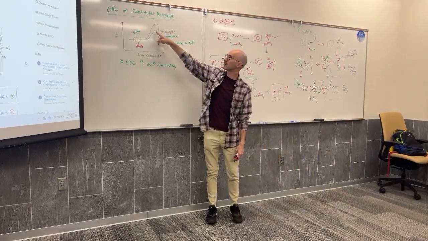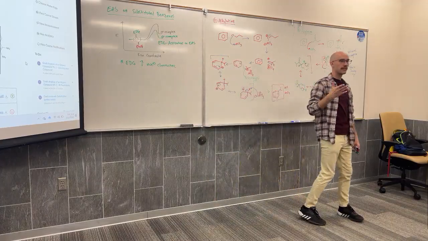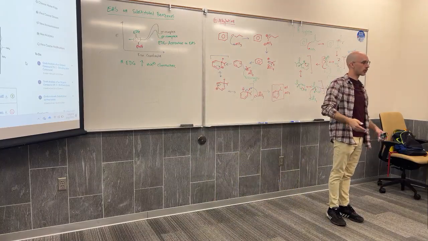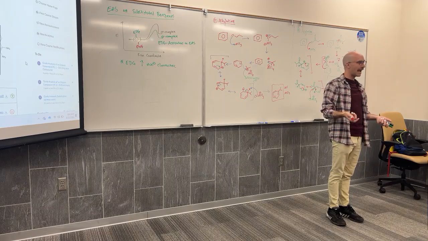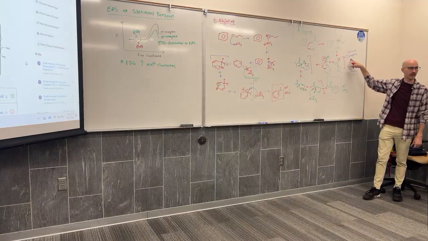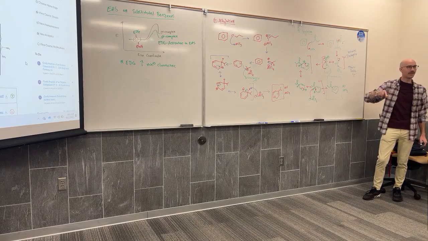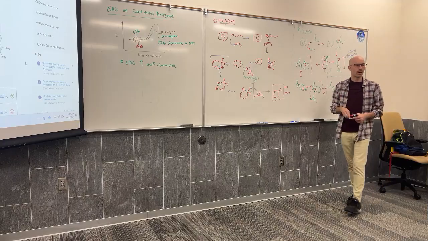It requires less energy. It forms a more stable sigma complex. That means it's easier for the reaction to occur. The ring has been activated. This is very similar to what I'm saying here with activated electrophile. These groups are electrophilic, but now with this catalyst, they're even more electrophilic.